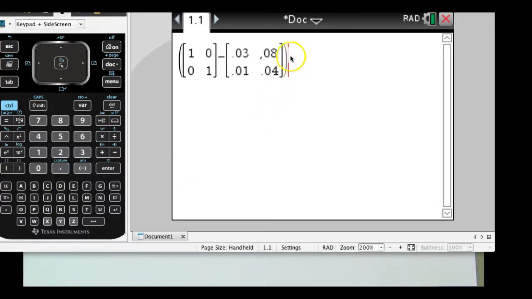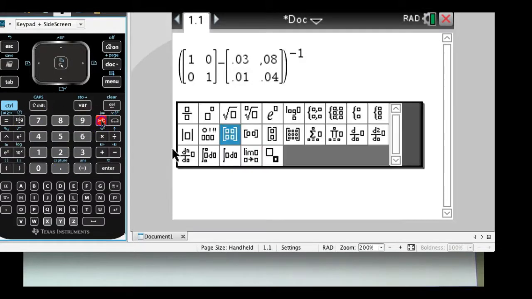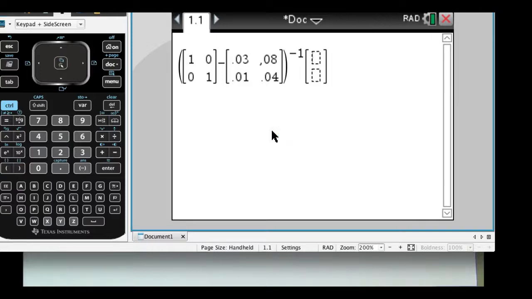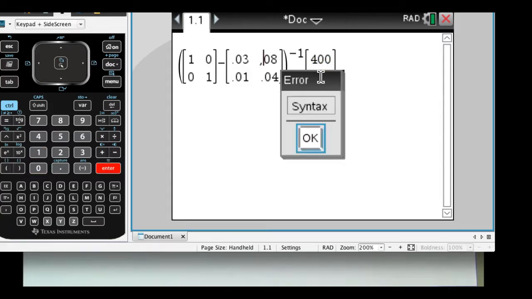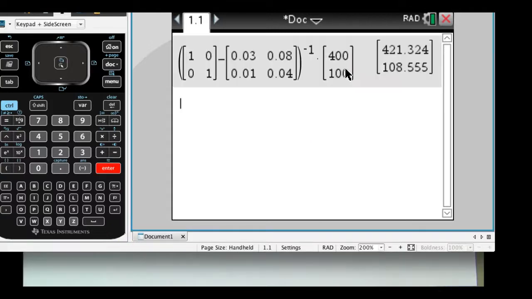Raising this to the -1, as long as it's matrices, is interpreted to be the inverse. So I'm going to raise this to the -1. And this last matrix is a column matrix, so this would be 400, 100. I messed up, I had a comma there instead of a point. So this is what I get.